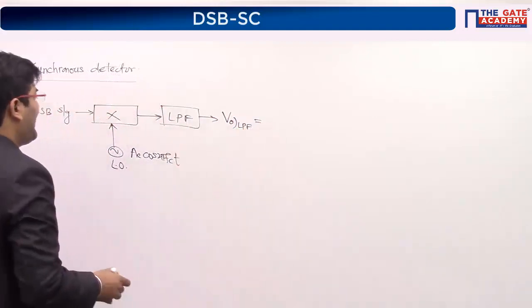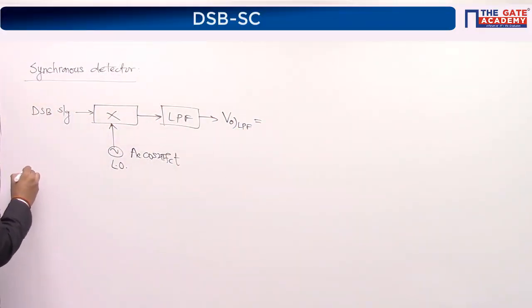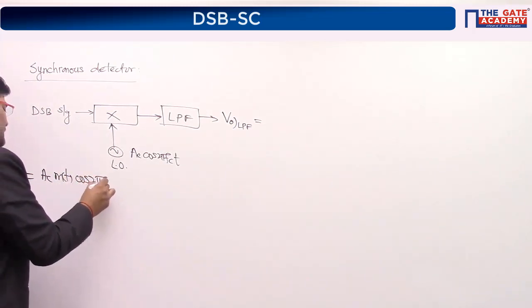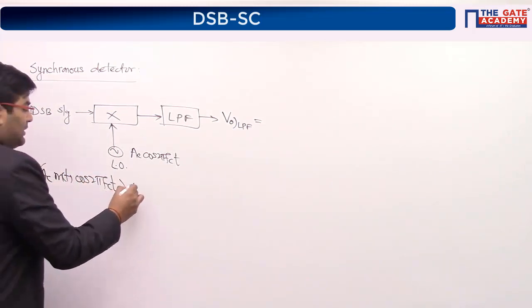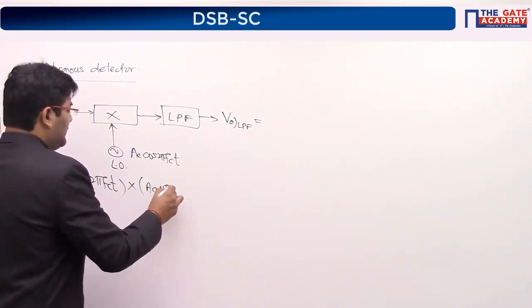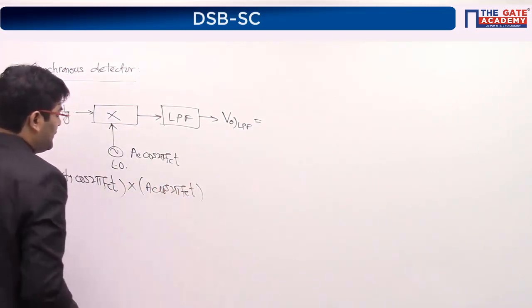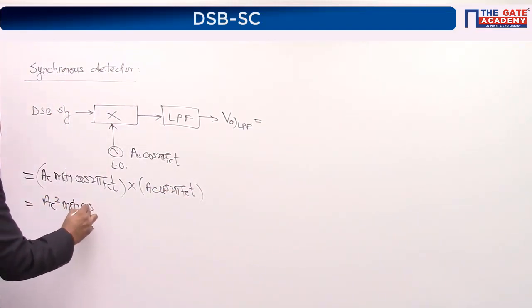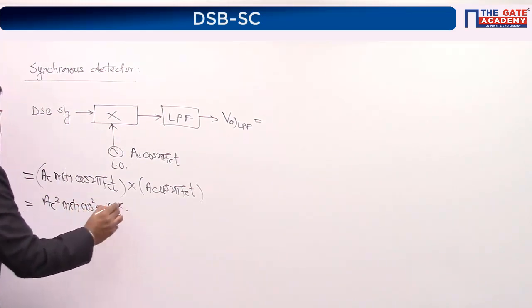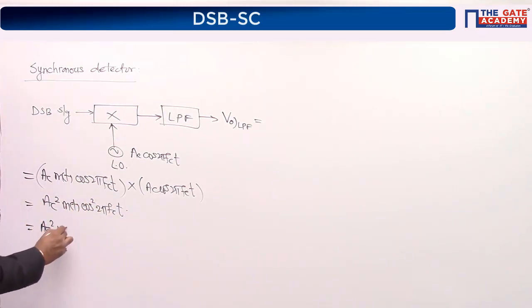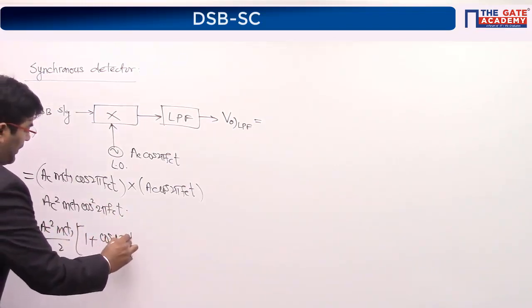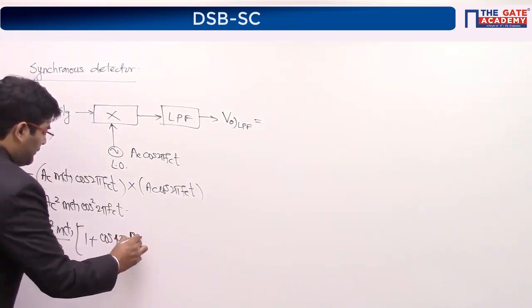So let's do the maths. What is the DSB signal? We know it is equal to Ac m(t) cos 2 pi fct, and you are multiplying this signal with another Ac cos 2 pi fct. Using the maths, you get Ac square m(t) cos square 2 pi fct, which is Ac square m(t) by 2 times 1 plus cos 4 pi fct.